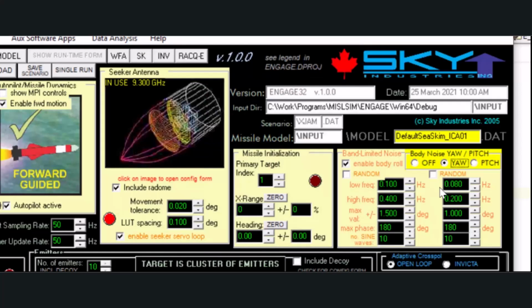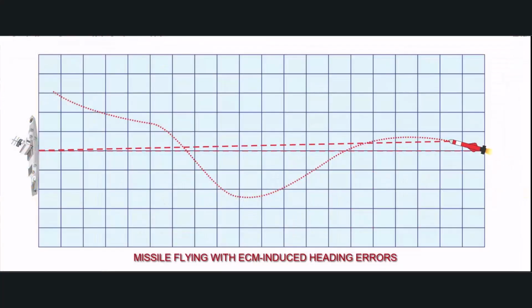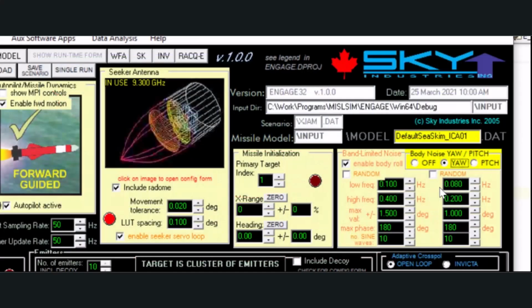Well, one way of studying that is to develop some sort of a countermeasure engagement model where we actually do cause the angle errors, the flight trajectory deviations, to happen. But that's a lot of work, and it's tricky, and you're only going to get one kind of deflection. So a better approach would be to allow the user to put in random noise and control that in bandwidth and amplitude, and then do a bunch of runs and explore its properties that way.